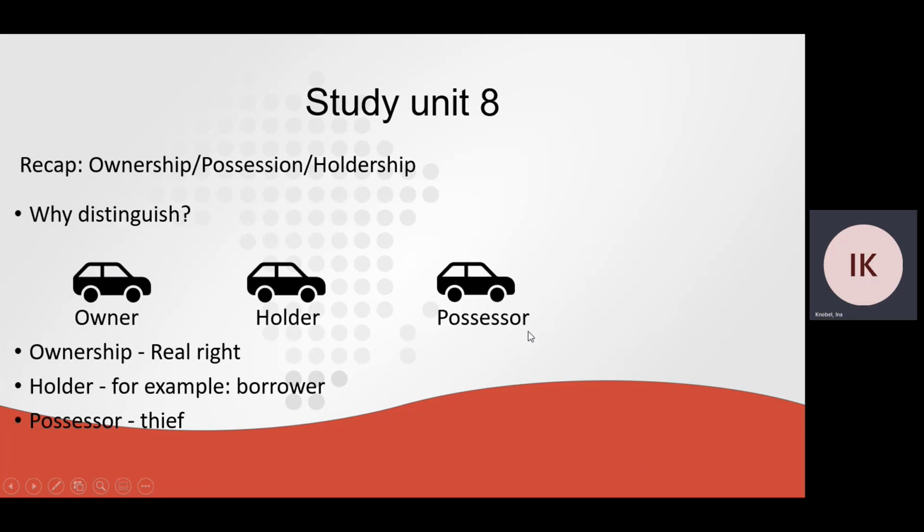Now, I think the first thing that I want to say, and it is also mentioned in study unit 8, is that when we say that I am the owner of a car, does it mean that I am not a possessor as well? Because if I say that I own my car and I drive around in that car, it says something about my entitlements.